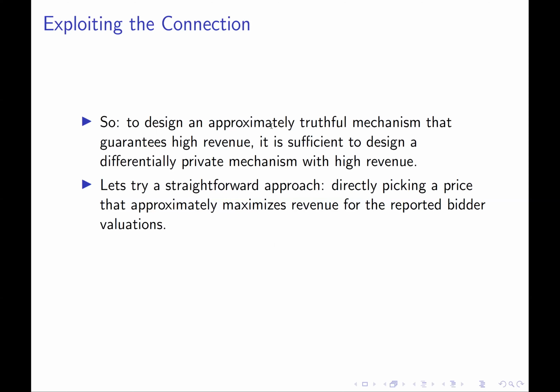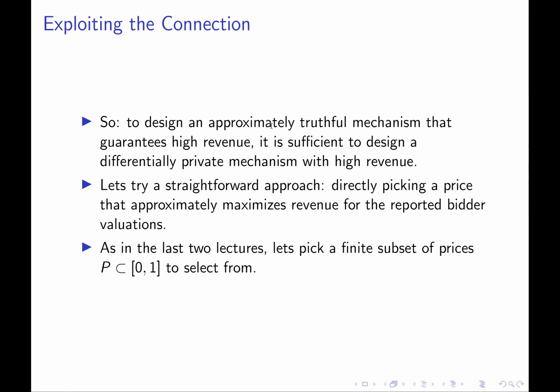But maybe we can pick the price in a differentially private way. We know that if we can pick the price in a differentially private way, then we will get approximate dominant strategy truthfulness. And so the question is: is it possible, subject to the constraint of differential privacy, to pick a price that is close to revenue maximizing?